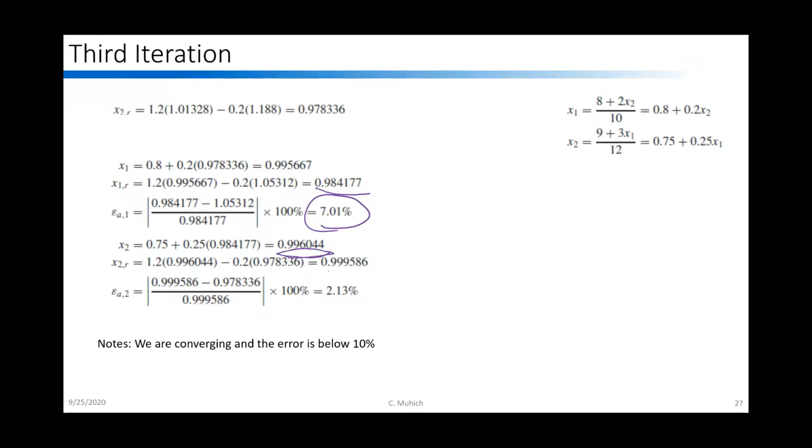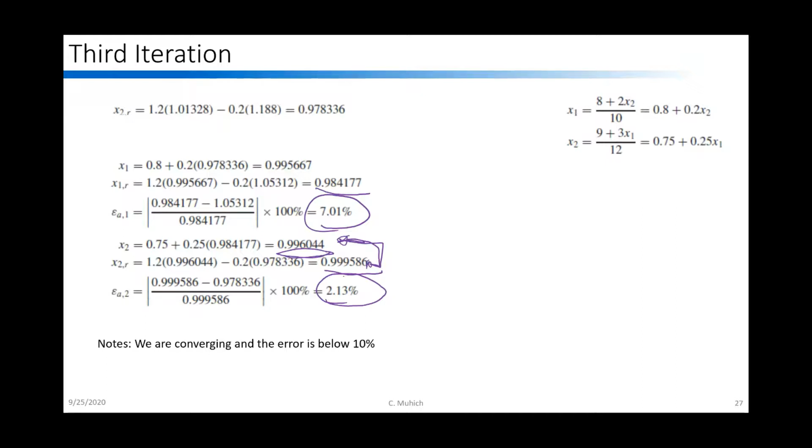Use relaxation, and here you can see that the relaxation is hardly changing these values at all. This is a good indication that we're converging, right? Because we're looking at these differences in numbers. And indeed, if we look at the error estimation for our second x, we're now down to 2. We're converging, our error is below 10, so we can say that this system is good to go.